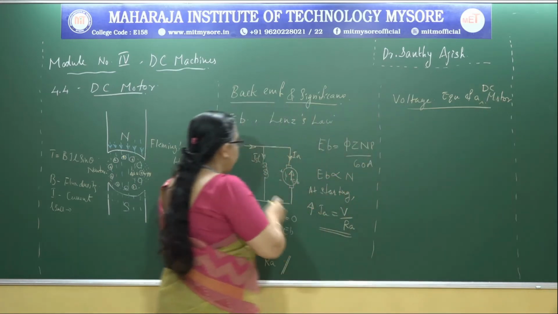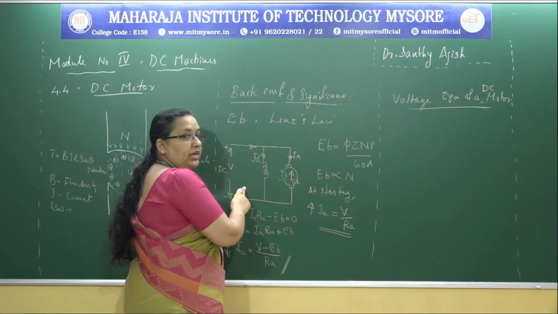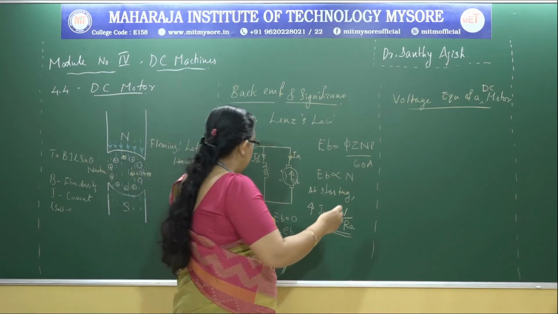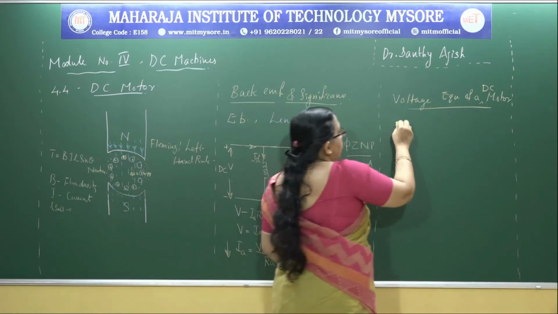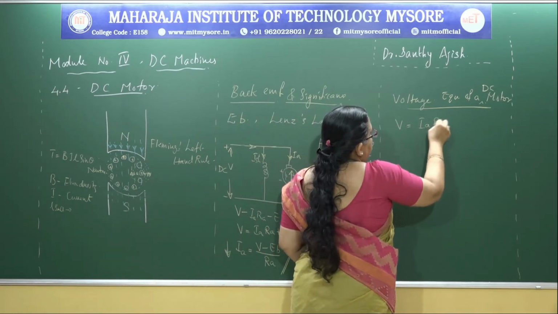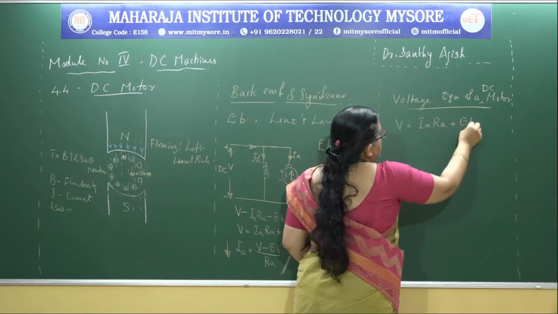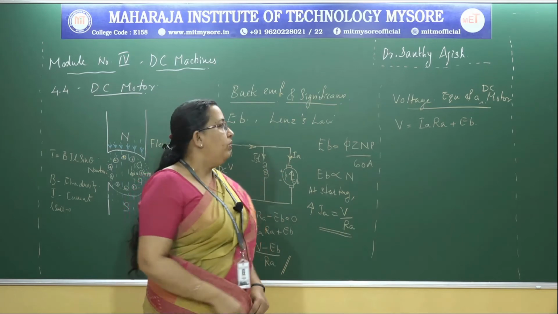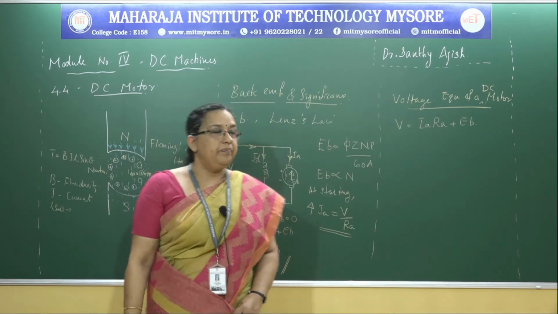We have already written it, considering the electrical equivalent. So it is V minus IARA, or again, V is equal to IARA plus EB. This is known as the voltage equation of the DC motor.